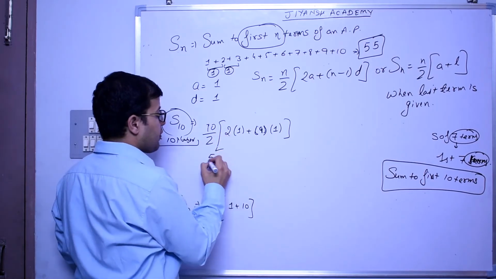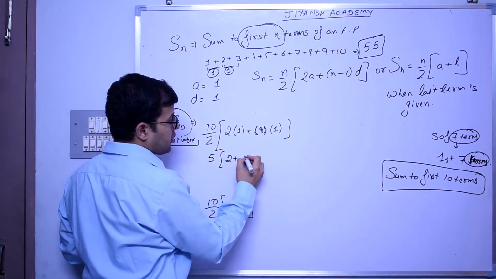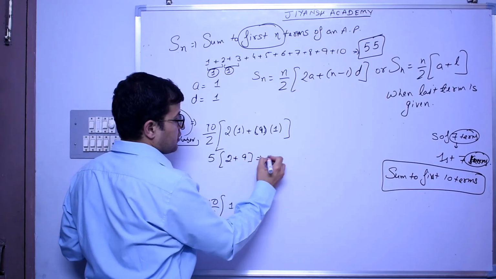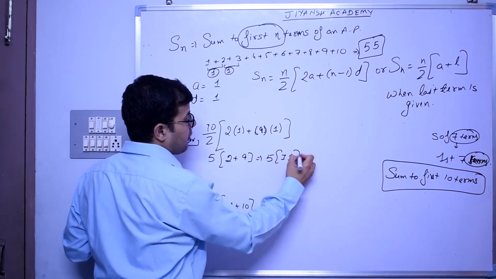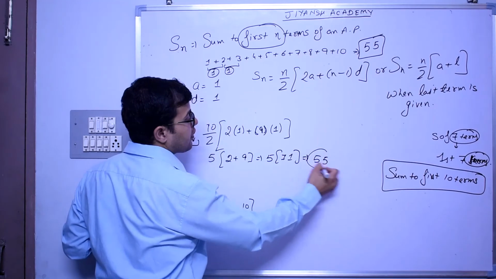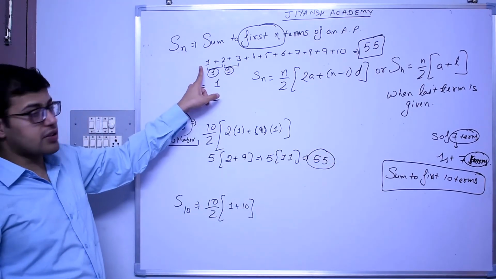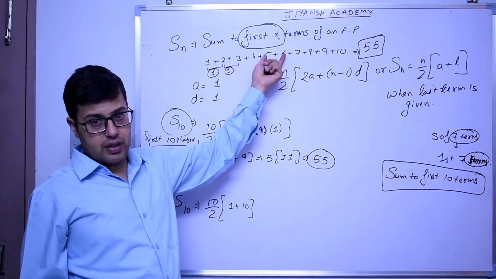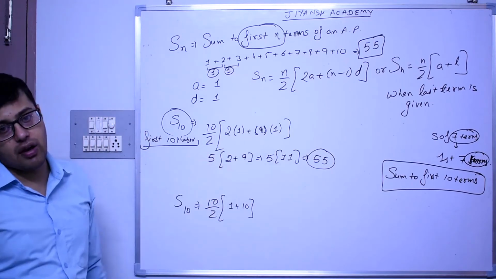So this will be 5 into 2 plus 9, which is 5 into 11, that sums up to 55. So if you know the first term and the common difference, you can find the sum to any value.